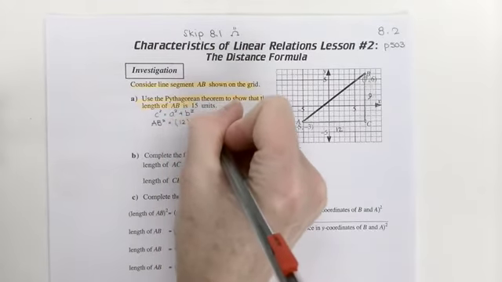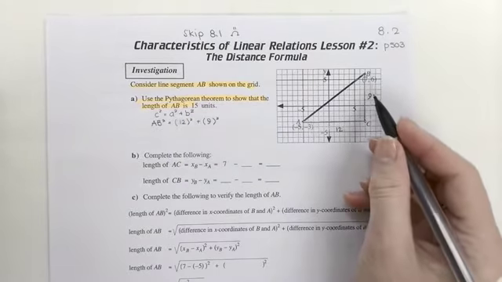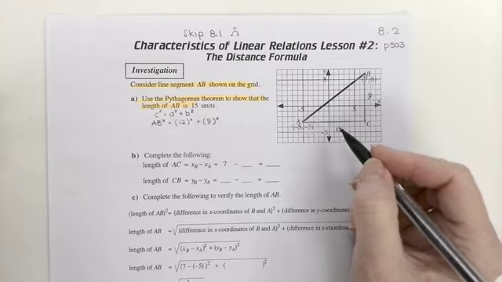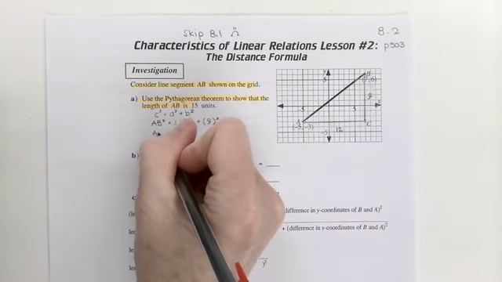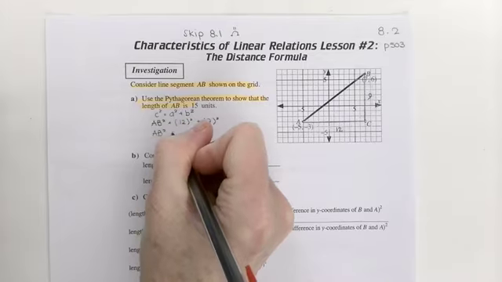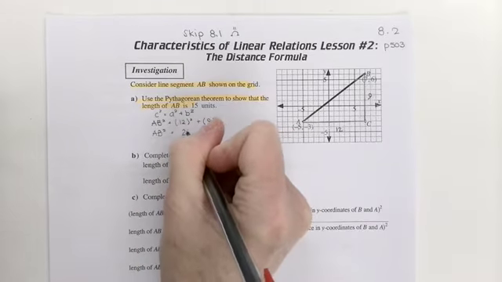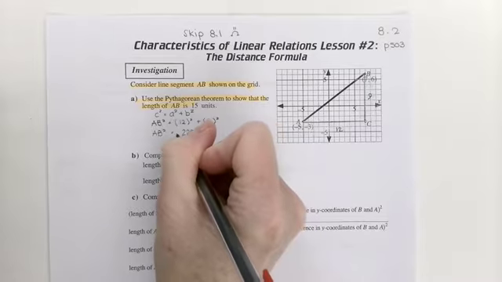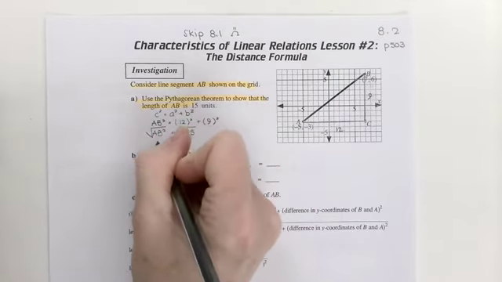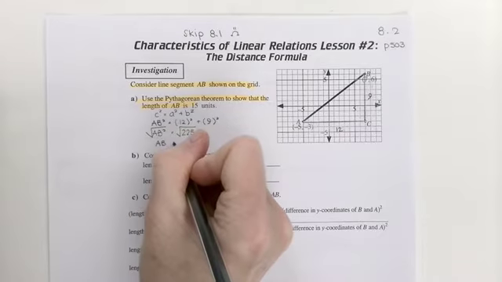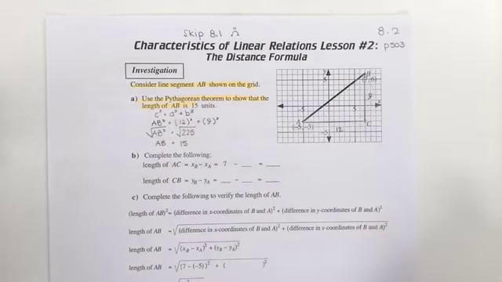Remember, the order of those doesn't matter, A and B or B and A. Either way, in we go. AB squared equals, and you can do that on your calculator, and that'll be 225. Square root. When you square root a squared, you get plus and minus, but because this is a distance, it will be positive, and you will just write the positive value. So AB is equal to 15, which is what they wanted us to know.